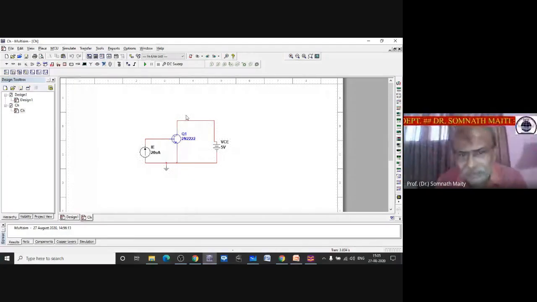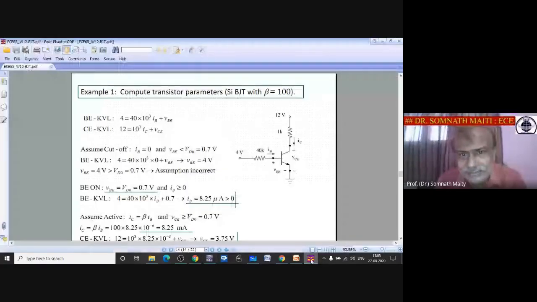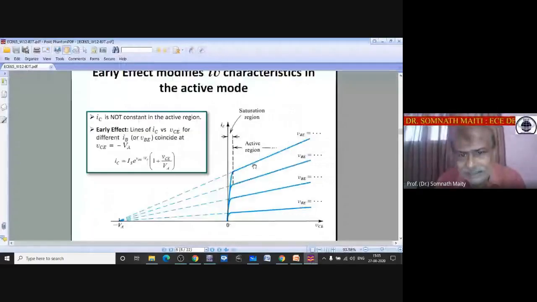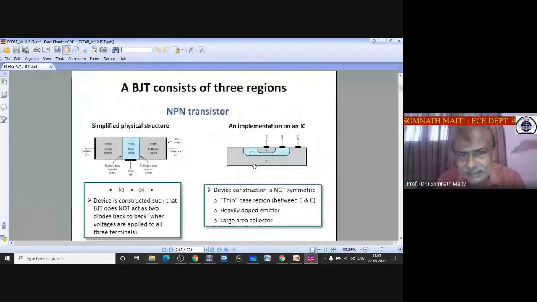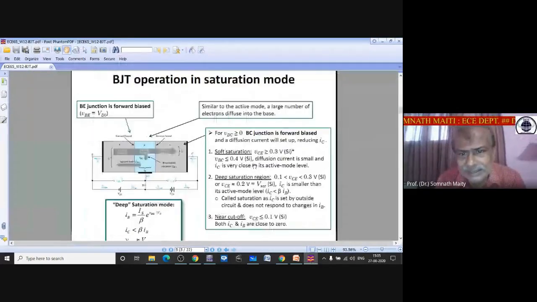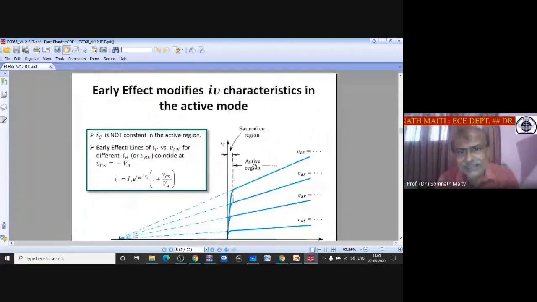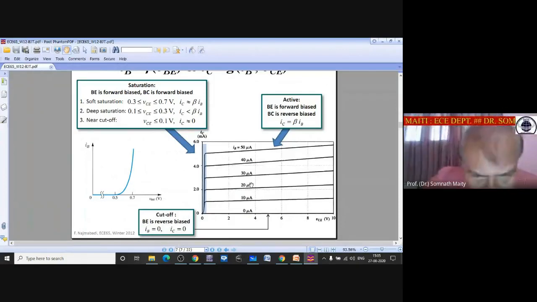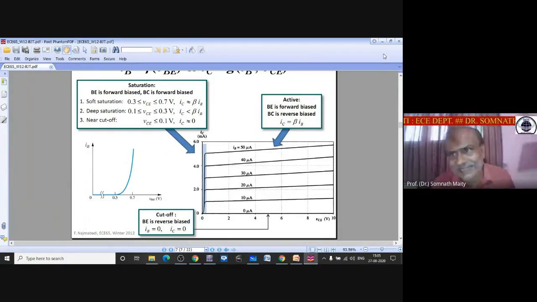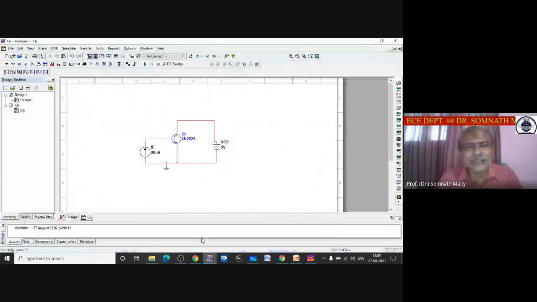Just now I have shown you, this is the characteristic. This is given in the theory, but I want to find it practically. Then how to do that?